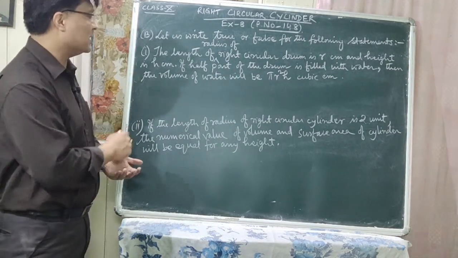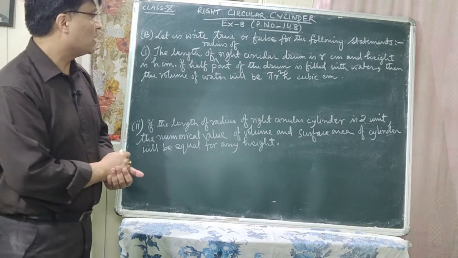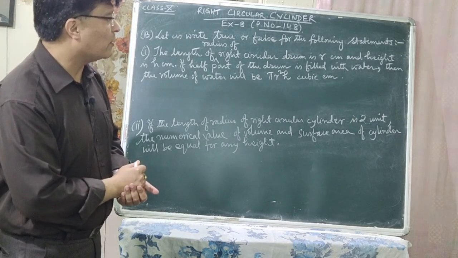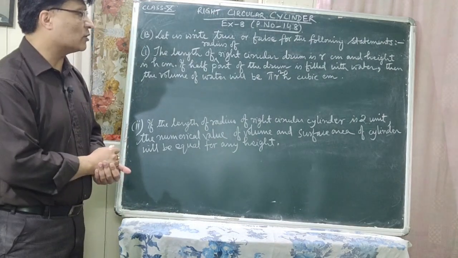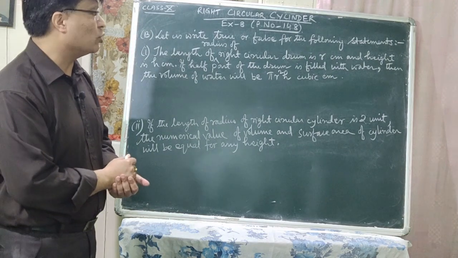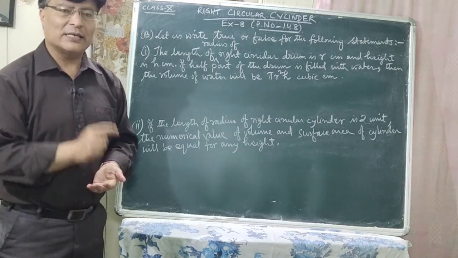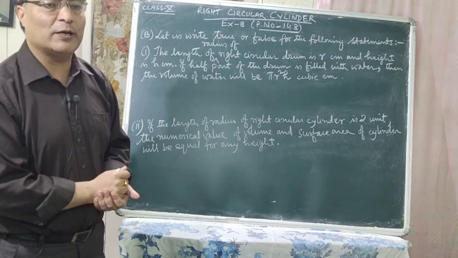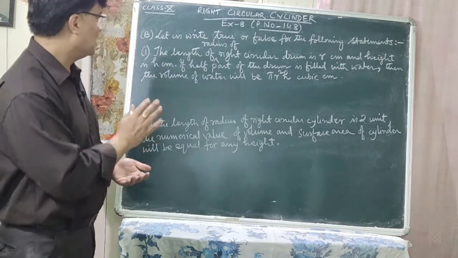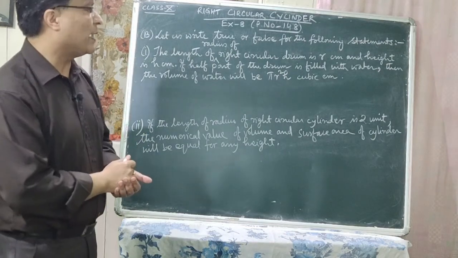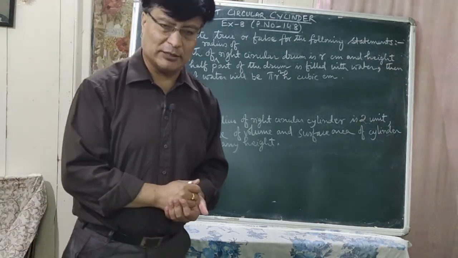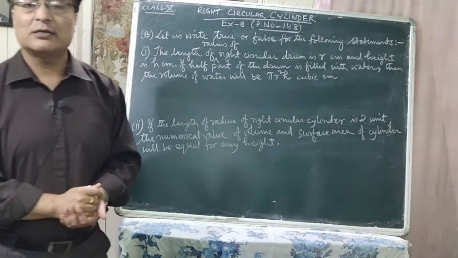If half part of the drum is filled with water, then the volume of water will be pi r square h cubic centimeter. So is the statement true or false?